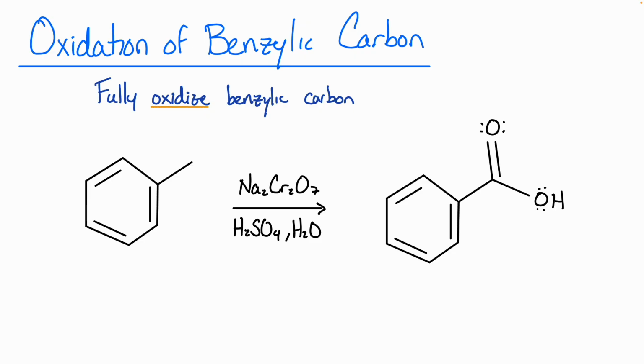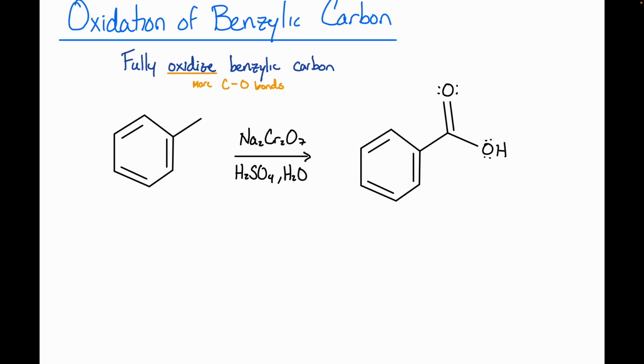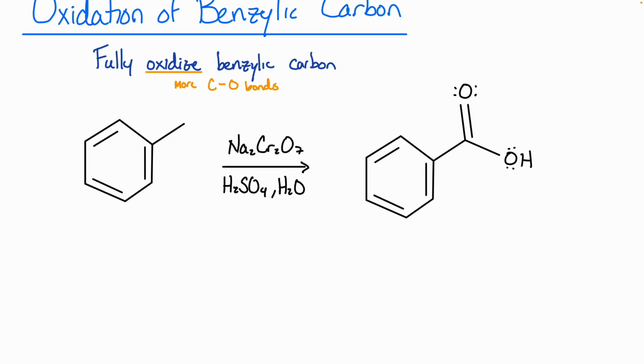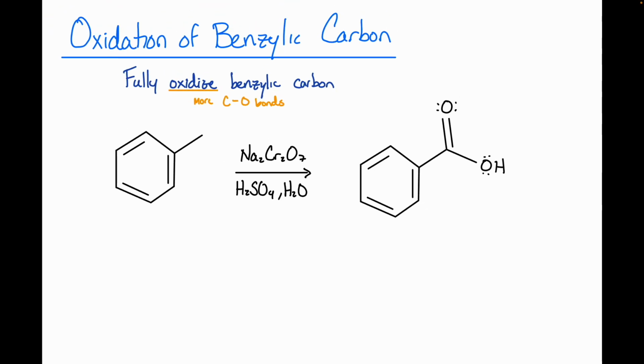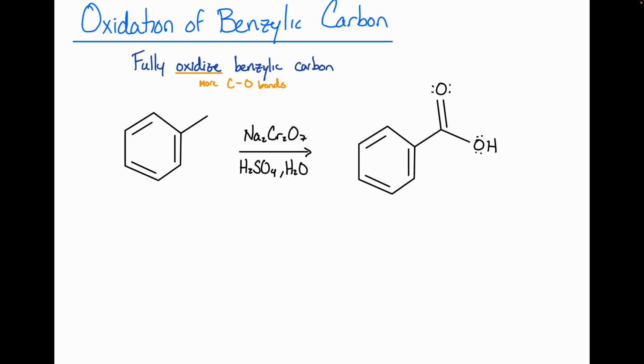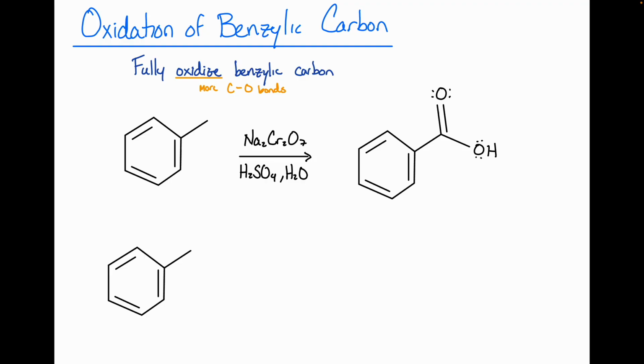All right, so in organic chemistry, when you hear oxidize, you're going to think creating more carbon-oxygen bonds. If we fully oxidize something, we've created the maximum number of carbon-oxygen bonds that we can, or this carboxylic acid group. All right, so if we take toluene and we hit it with this oxidation agent, we fully oxidize that benzylic carbon.